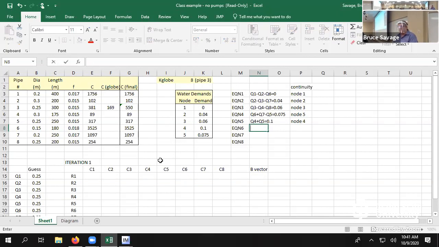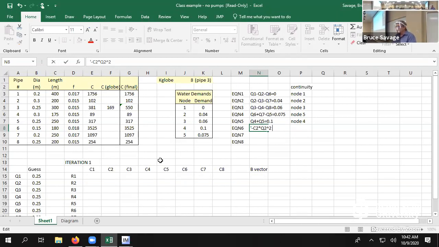So starting with the first loop, once again, clockwise rotation. I'm going to write C sub 2 times Q sub 2 squared, in this form. And I'm going with the flow, so I'm going to go negative, following my hydraulic grade line, going down my energy line.